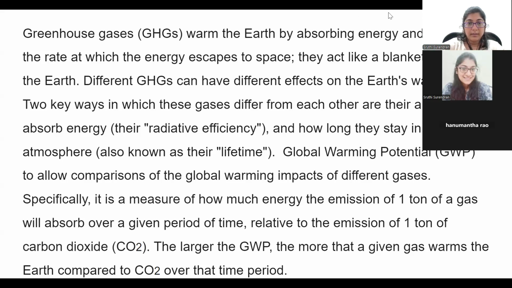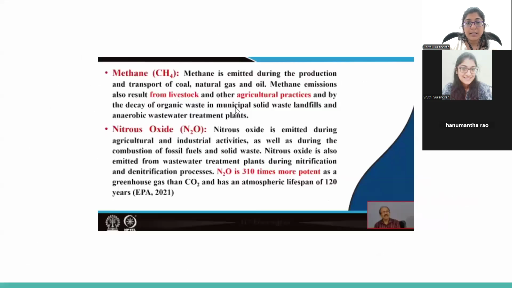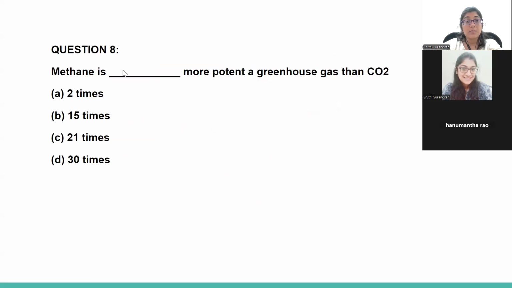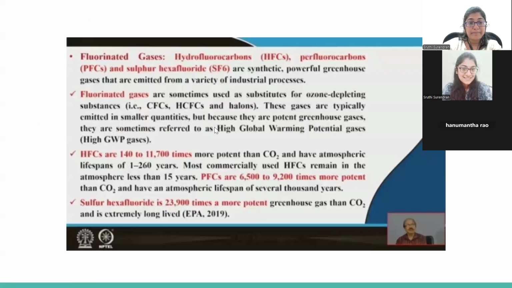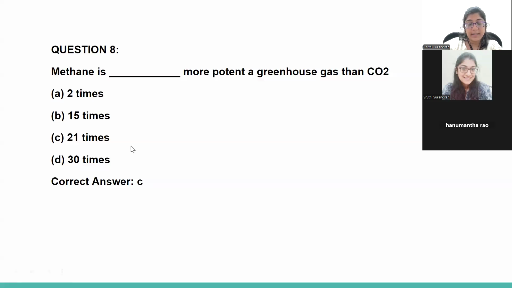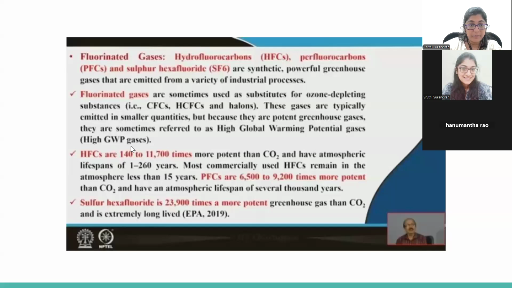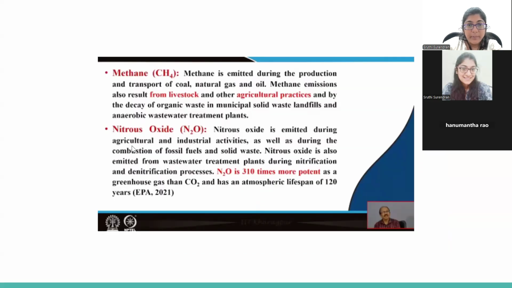Now, gases like methane, nitrous oxide you see here is 310 times more potent than carbon dioxide, and it will stay for around 120 years in the atmosphere. The question is, how many times more potent is methane? Methane is 21 times more potent than carbon dioxide. I am not very sure about the lifespan of it. It is not given in here.